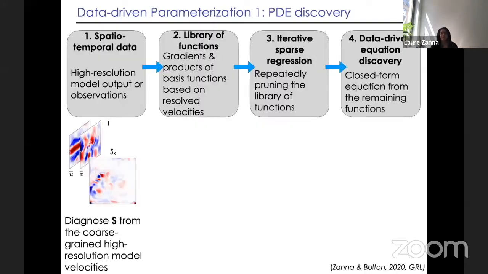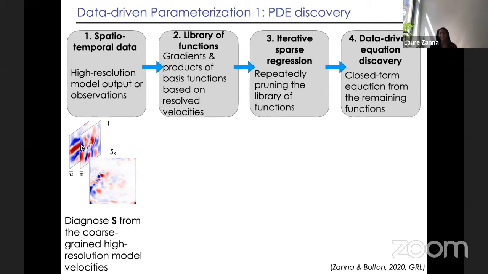Okay, so example number 1 is this data-driven equation discovery. So what do we do? We're going to take a very idealized simulation of the ocean because we need to start somewhere, and we're going to feed the algorithm resolved quantities, so coarse-grained quantities from that high-resolution idealized simulation, and we're going to diagnose the missing forcing from that high resolution that I should put in a coarse resolution model if I wanted to perfectly represent those missing processes.